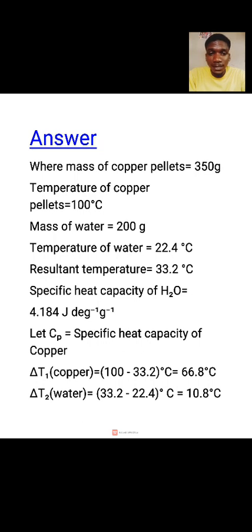Then delta T2 for water is equal to 33.2 minus 22.4 degrees Celsius, which is equal to 10.8 degrees Celsius.